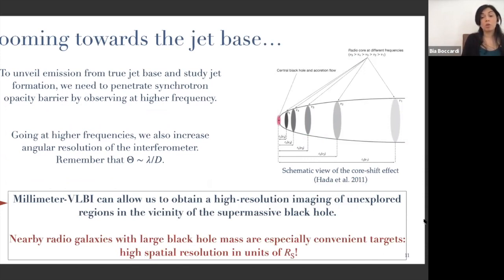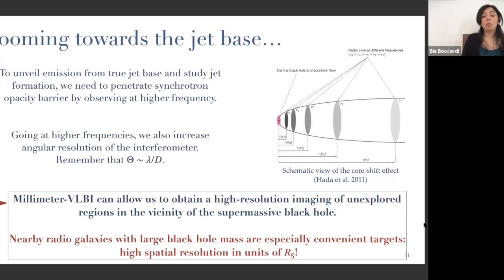So far, we have mostly observed in the centimeter band, and we need to move to shorter wavelengths or higher frequency. As you remember, going to higher frequencies also means that we increase the resolution of the interferometer because the wavelength gets smaller.